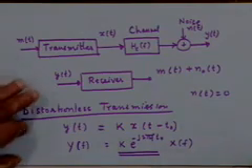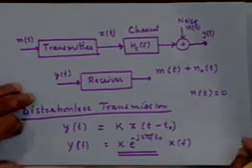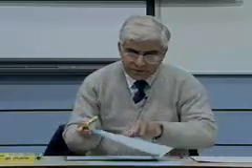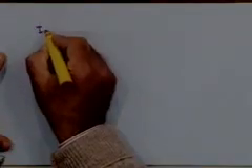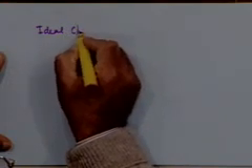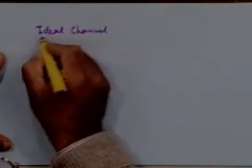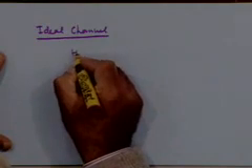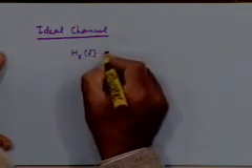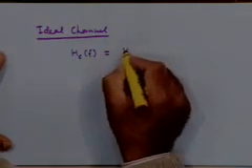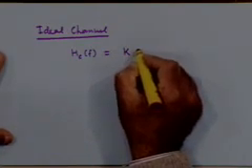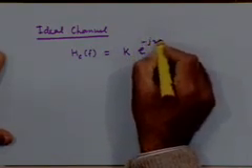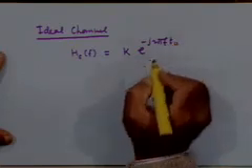It is equal to k times e to the power minus j2 pi f t0. So the ideal channel Hc(f) has a transfer function given by the constant k into e to the power minus j2 pi f t0.